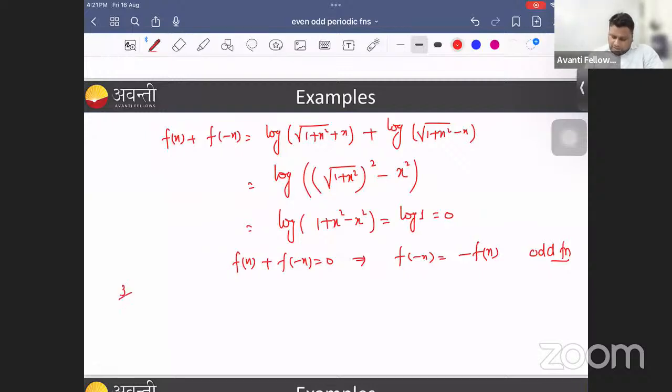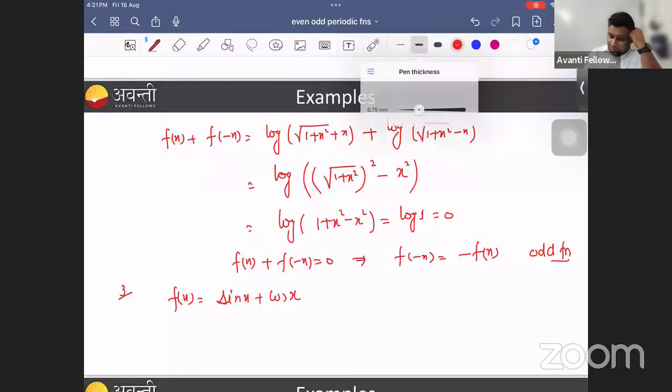Now, another question, if I ask you, f of x is sin x plus cos x. Yes, tell me. What will it be? Even, odd? Okay.